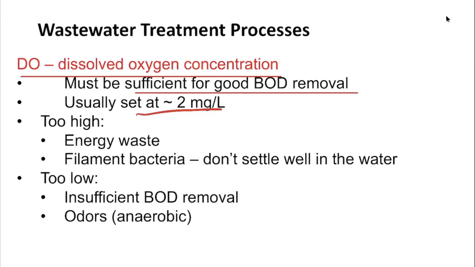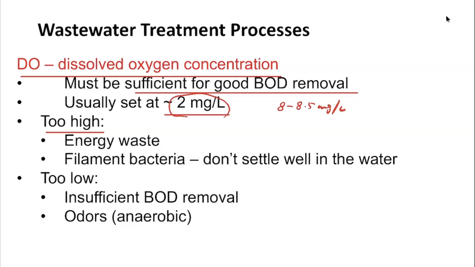Again, if we recall, the maximum DO concentration in natural water is 8 to 8.5 milligram per liter. So we are maintaining a relatively low value, because if it's too high, it's going to cause energy waste. For the bacteria, if they can have a fraction of oxygen, it means that they can survive themselves, right?